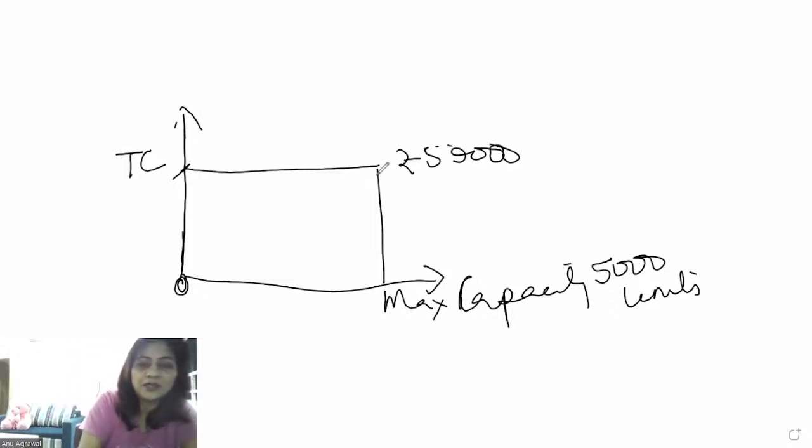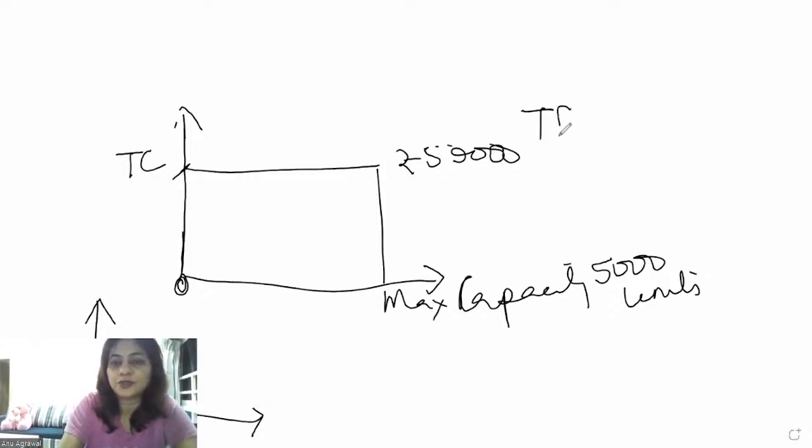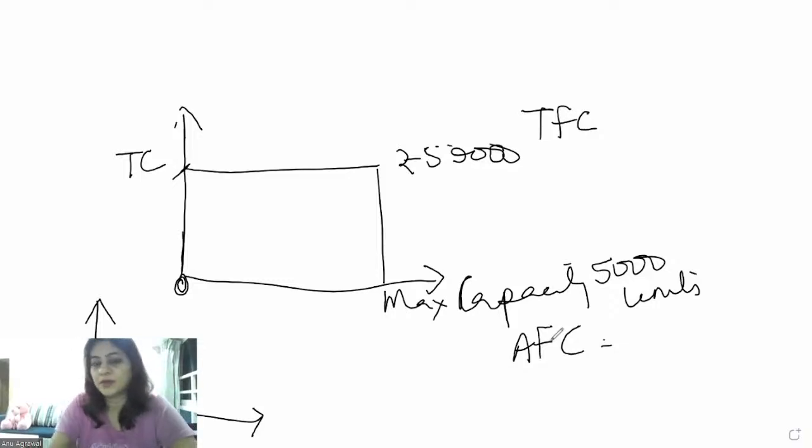So if I'll try to make a per unit, this is total fixed cost. But if I'll try to make per unit, what it'll be?